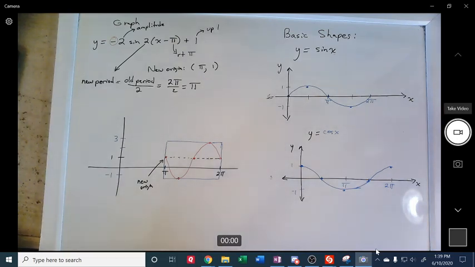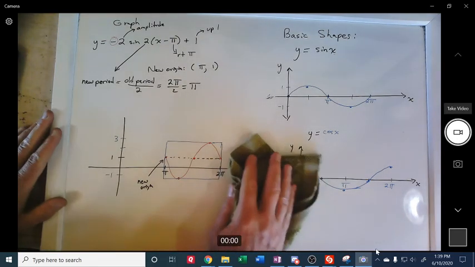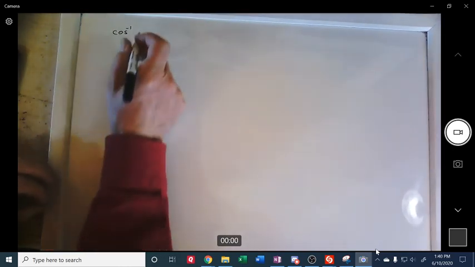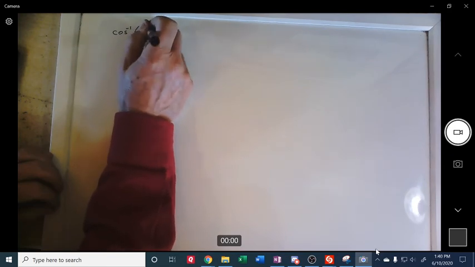And the last thing I want to do is having to do with inverse trig functions. To refresh that quickly for you. The inverse cosine of 1/2.